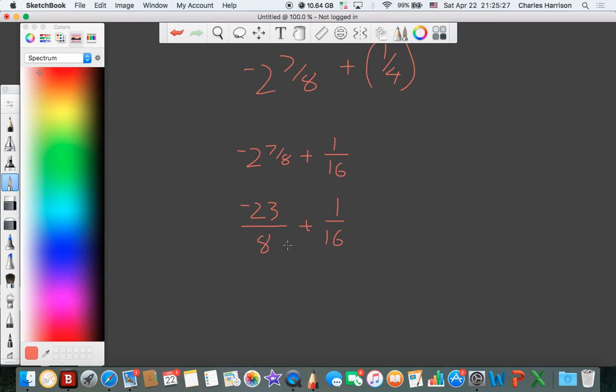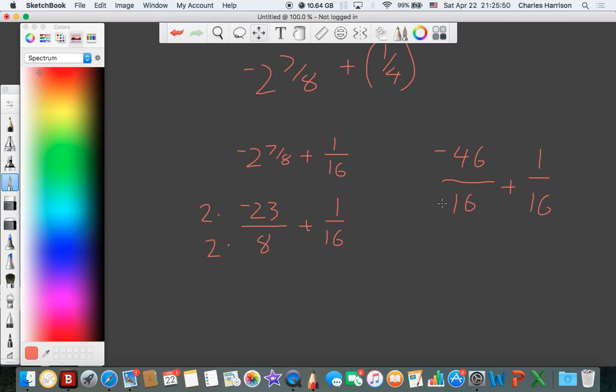All right. Well, common denominator is 16, so we need to times top and bottom by 2. And we get a negative 46/16 plus 1/16. That's what we get.